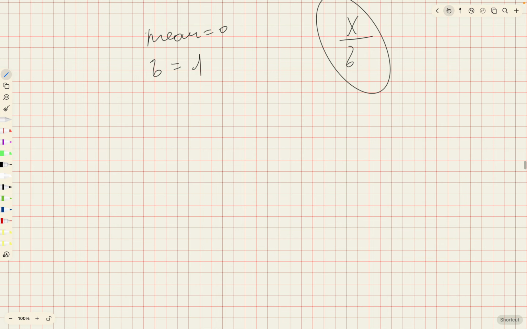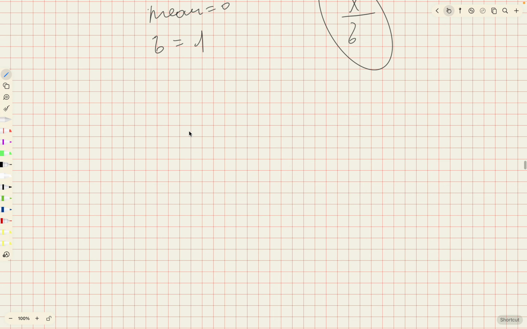But before explaining that, I would like to go back to the properties of variance because we're going to use them. So variance of Cx, let's say C is a constant.